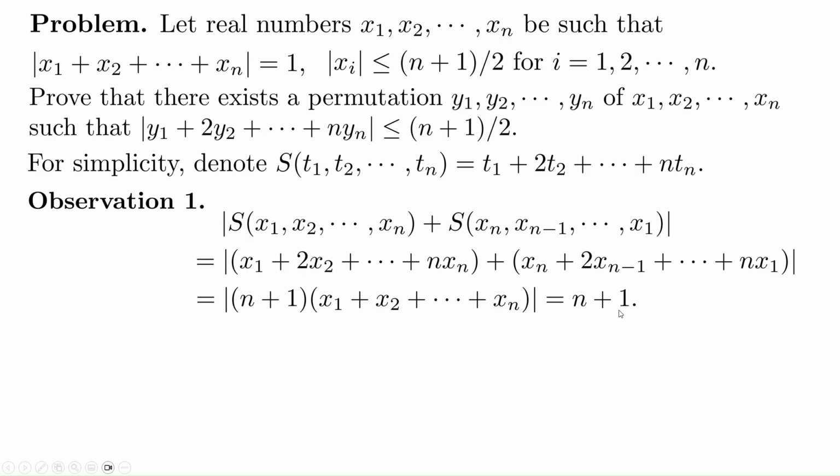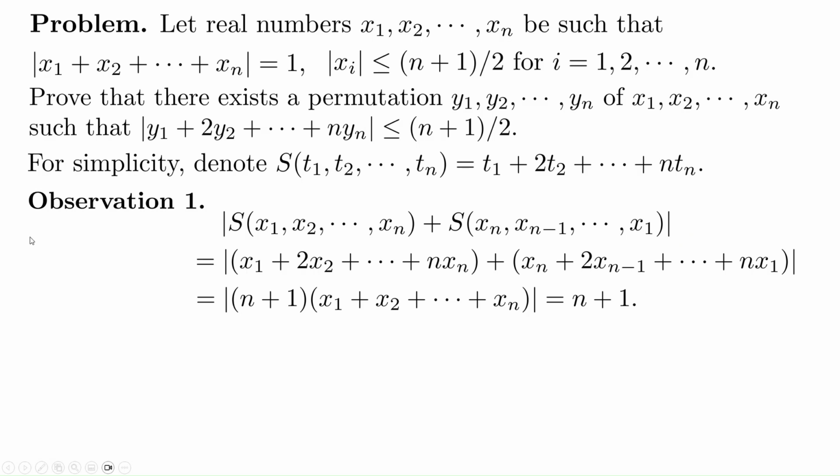This is clearly related to the target. We want to prove there exists a permutation so that its weighted sum in absolute value is less than or equal to (n+1)/2. Now, we have two weighted sums. Their sum in absolute value equals n plus 1.